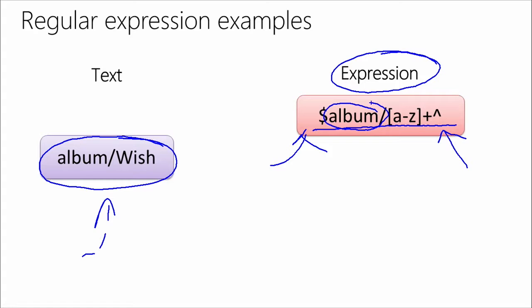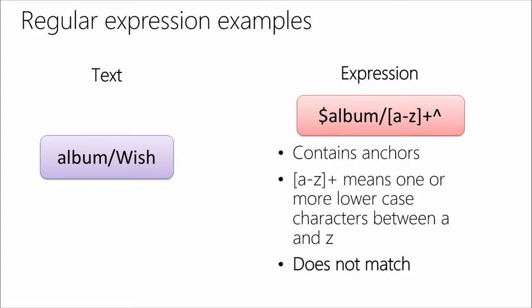And then right here, I've got that A to Z plus. Now, you'll notice that this is red. And red's, of course, a nice indicator that this doesn't match. The reason that it doesn't match is because it's case sensitive. So you'll notice that I've got wish with a capital W. You'll notice that I said lowercase A to Z. So as a result, this does not match.